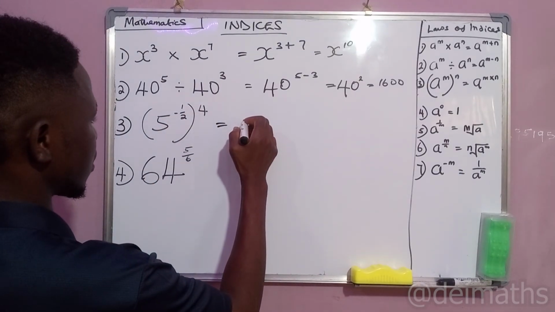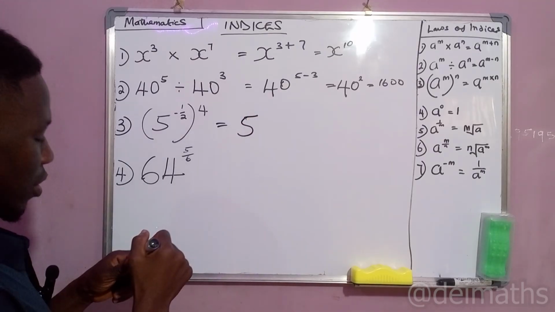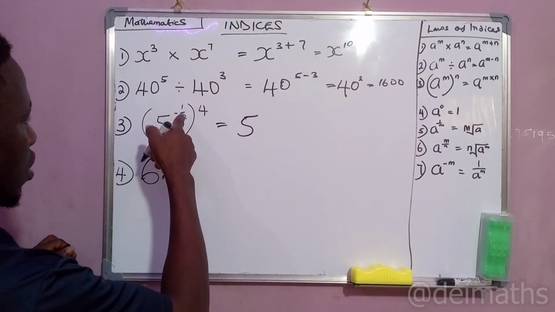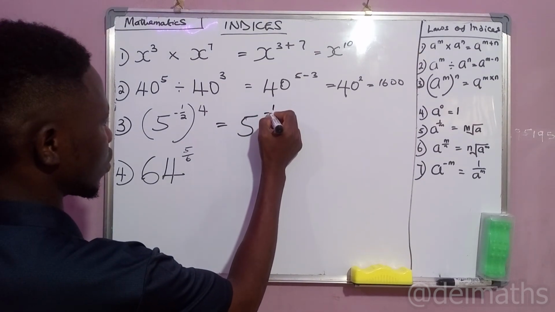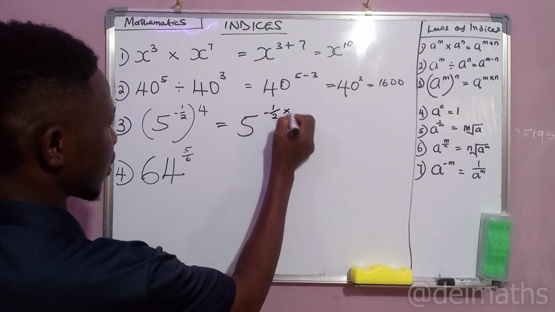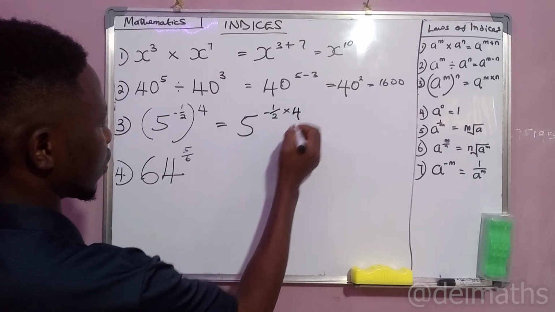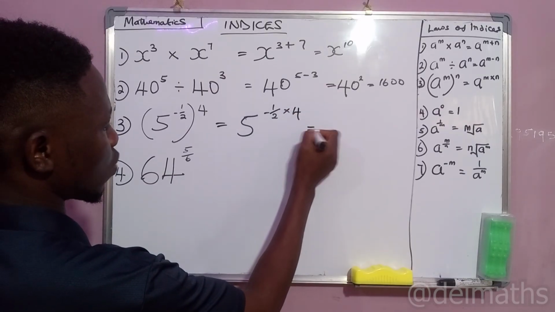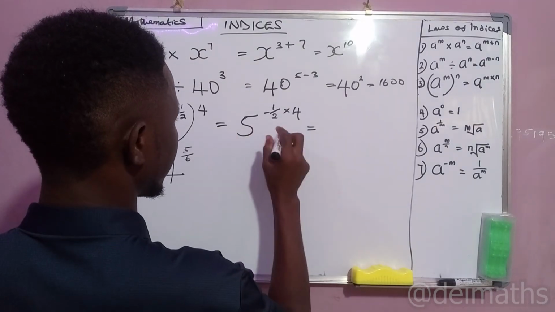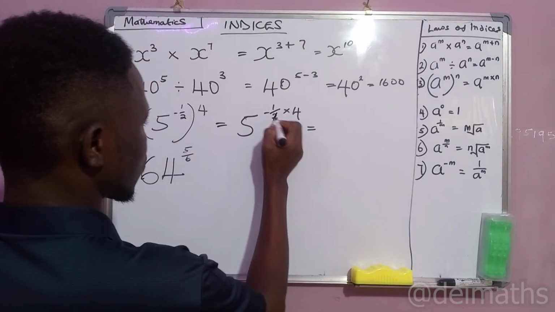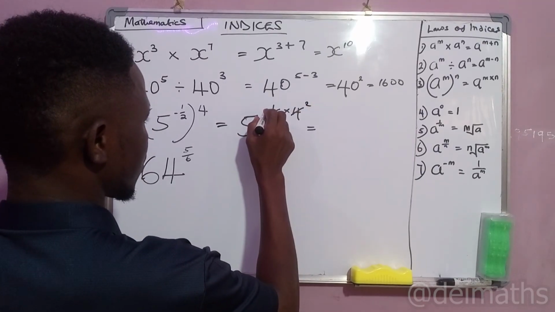Our base comes, and the power law says we should multiply the indices, which is minus 1 over 2 times 4. 2 cancels 4, and you have 2.